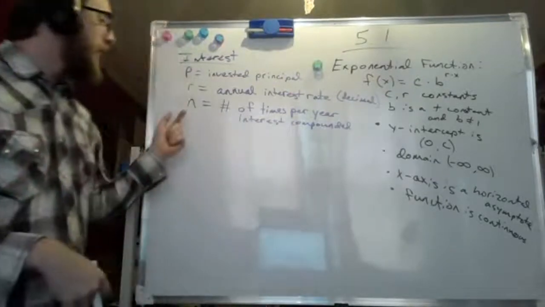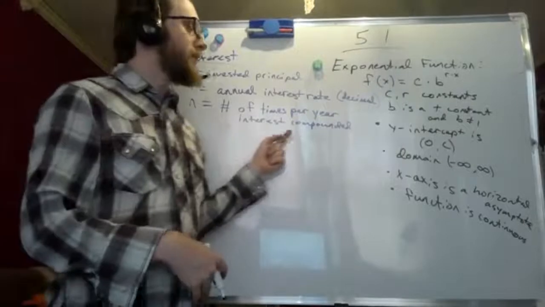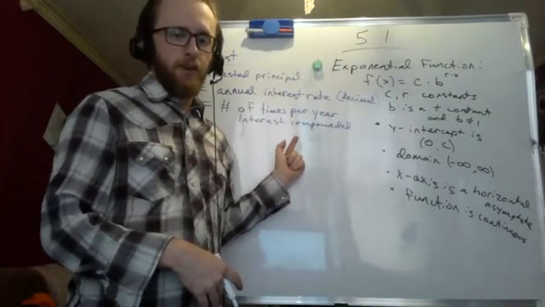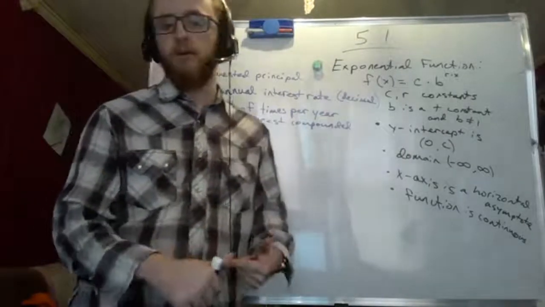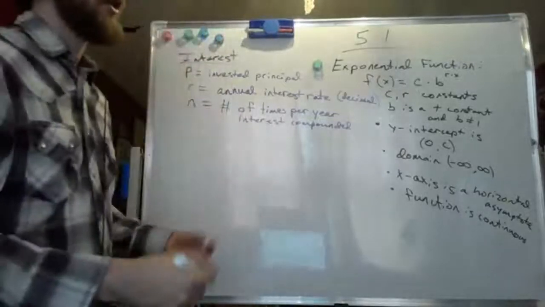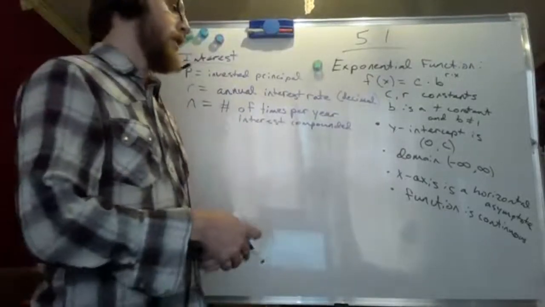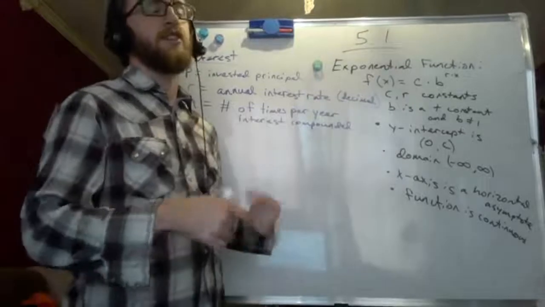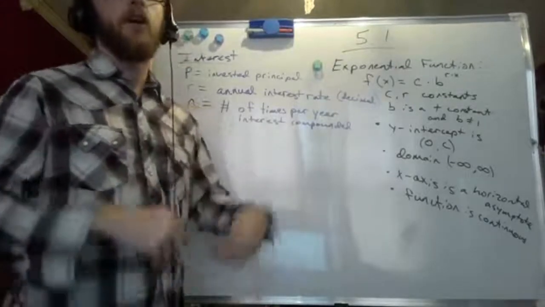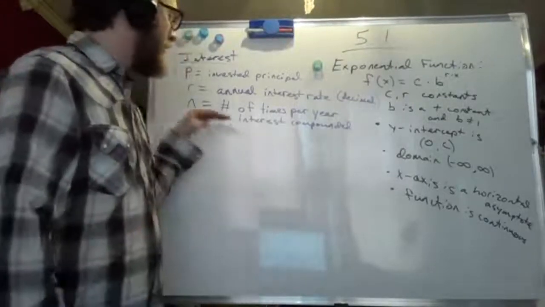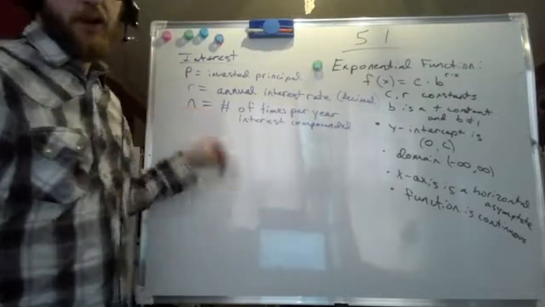Whatever it may be, this n is how many times a year interest gets added. That could be monthly, so that's 12 times. It could be quarterly, so that's 4 times. It could be daily, in which case that's 365 times. So on and so forth. n is an important number here you want to keep track of.